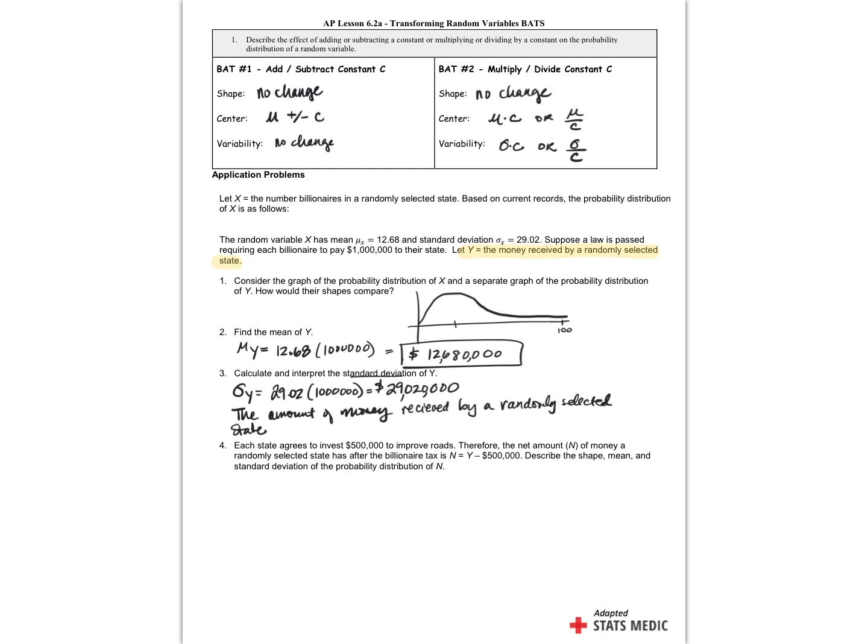Remember standard deviation, that key phrase, it typically varies by about 29.02 million from the mean, which was... did I do that wrong?